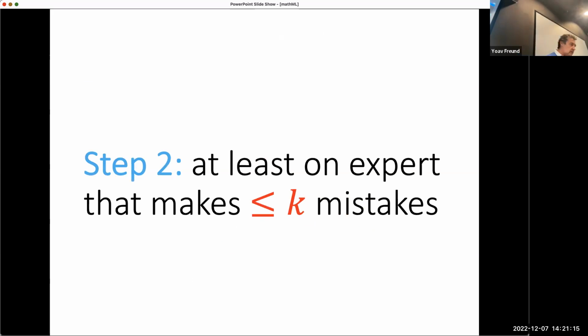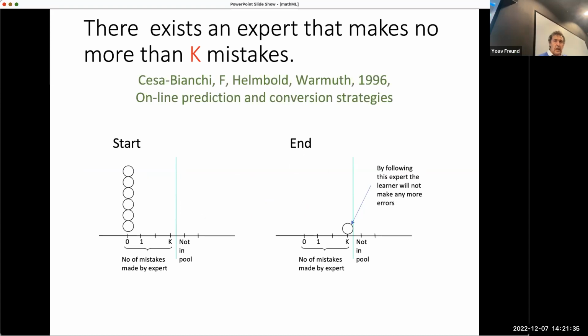Okay, so the next one, this is the work from 1996. We say there is at least one expert that makes at most k mistakes. Okay, there's not necessarily an expert that makes no mistakes, just that there is one that makes at most k mistakes. That's a little bit more interesting. And we can think about it again as a chip game or a bin game, right? So we have the initial configuration where nobody made a mistake.